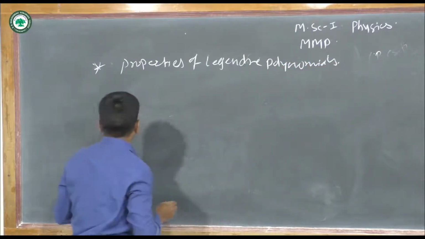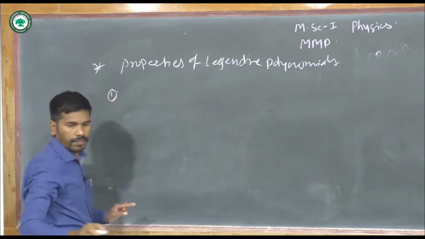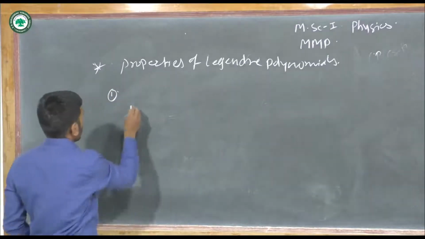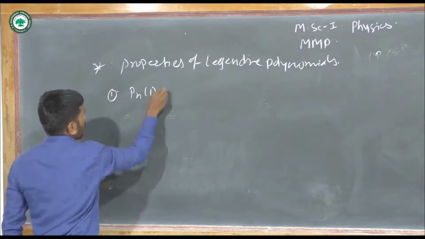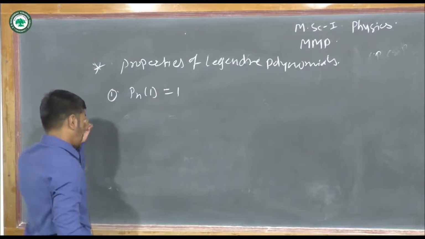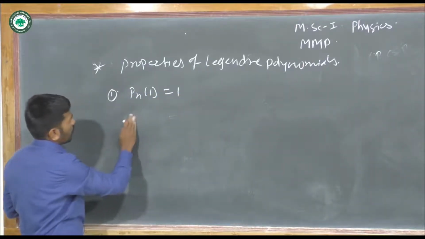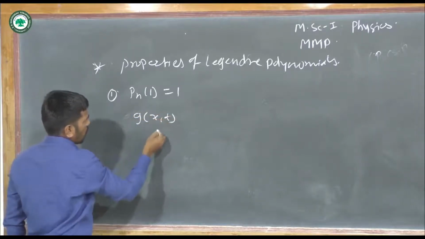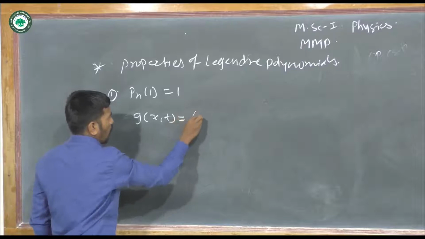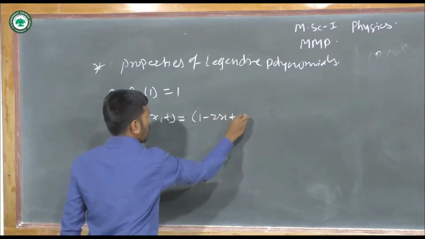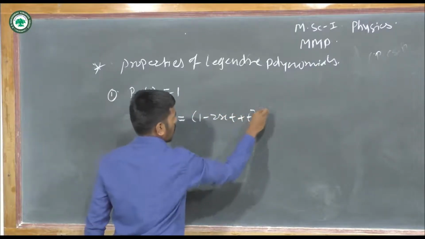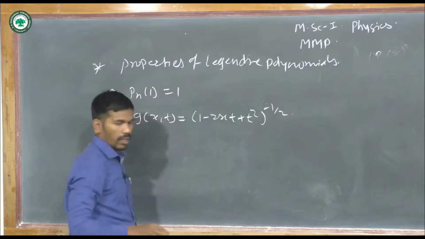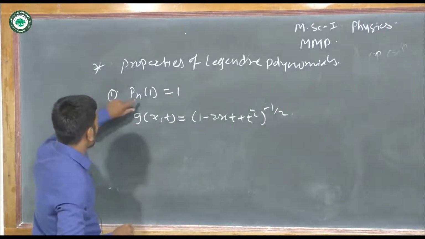First property: Pn(1) is equal to 1. Here we know the generating function, g as a function of x and t, is equal to (1 minus 2xt plus t square) power minus half.